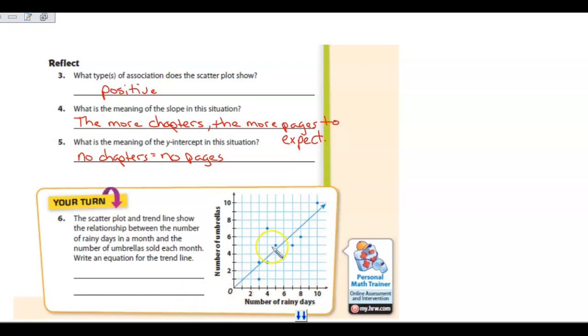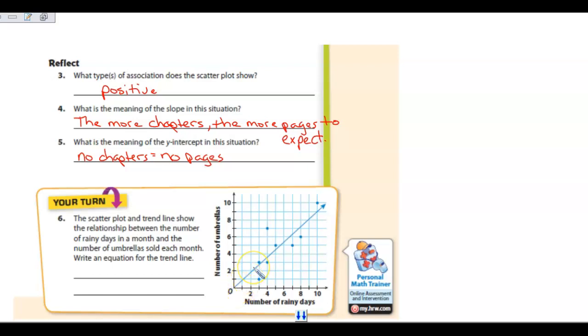Well, they increased. And so this is a positive correlation. It's not linear so much because they are not tightly situated around the line, but it's enough to figure out what the situation is. And it would make sense that the more rainy days you have, the more people will be buying umbrellas.